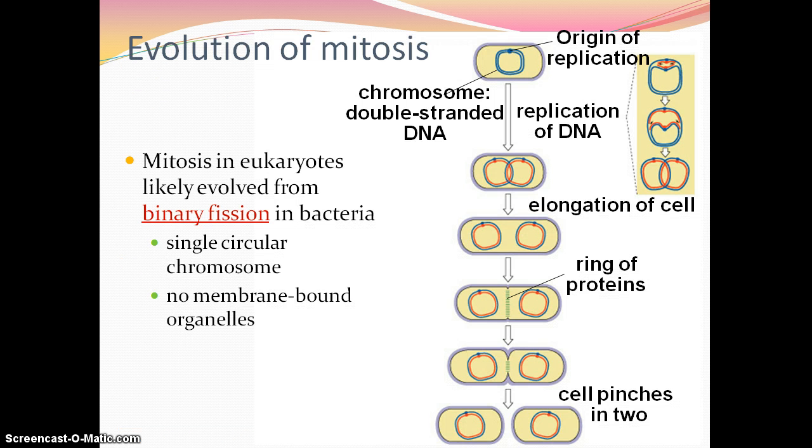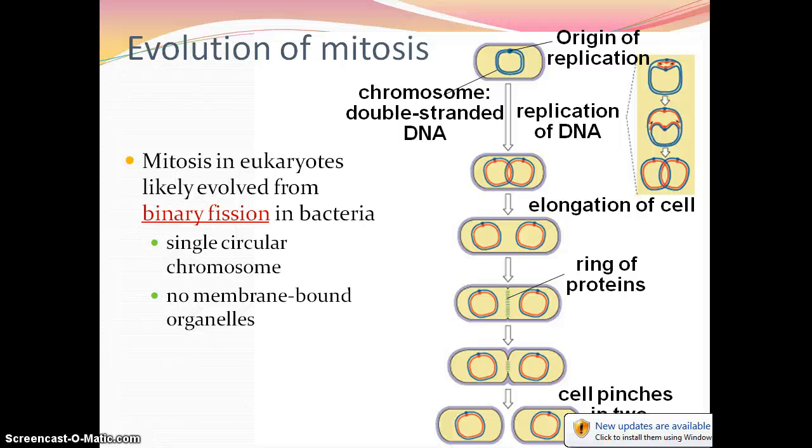So here's a picture showing binary fission in a bacteria. You can see that top little dot, origin of replication. That chromosome's a double-stranded DNA. When it gets replicated, we end up with 2 circles of DNA. And then with binary fission, it's much more simple. We just have the single circular chromosome separating out to 2 different ends.